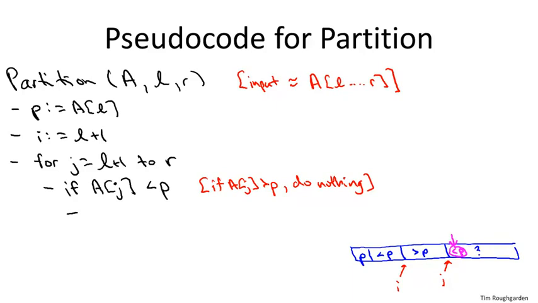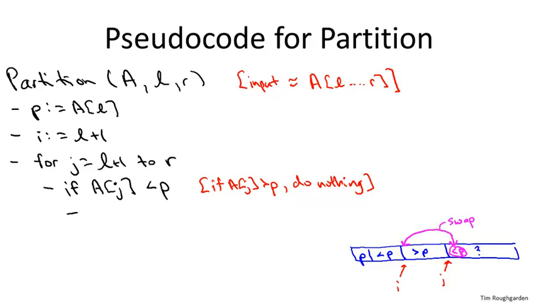And the best way to do that is to swap this new element with the leftmost element that's bigger than the pivot. And because we have an index I, which is keeping track of the boundary between the elements less than the pivot and bigger than the pivot, we can immediately access the leftmost element bigger than the pivot. That's just the Ith entry in the array.